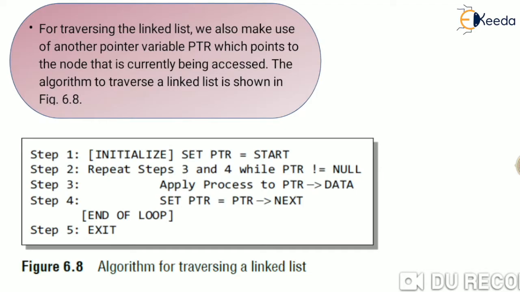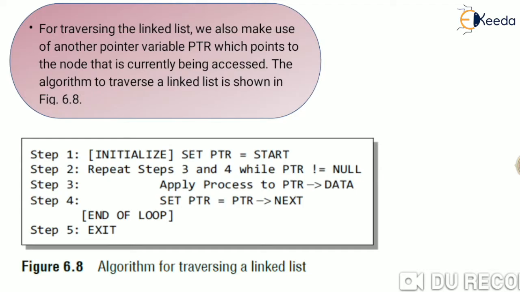Just concentrate. Now here, see, PTR. PTR is one important concept that we use when we are writing the algorithm. It is a pointer variable which points to the start. So whenever we write the algorithm, in step one we write: initialize, set PTR equal to START.